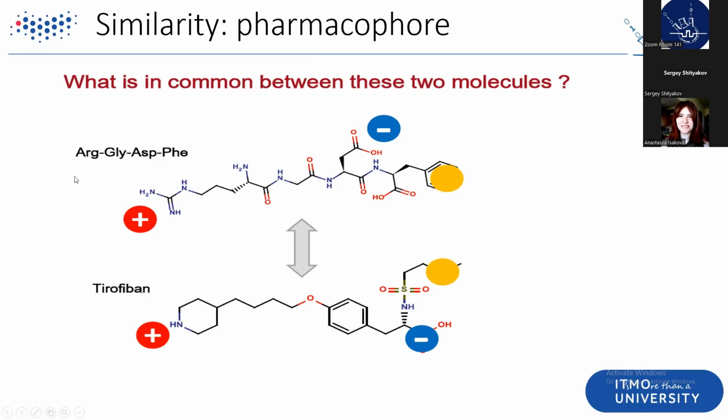Here you have a peptide, here you have the drug tirofiban, and here you have an oligopeptide. How can you compare these structures, which are very diverse in terms of chemical structure, but probably the activity is similar?